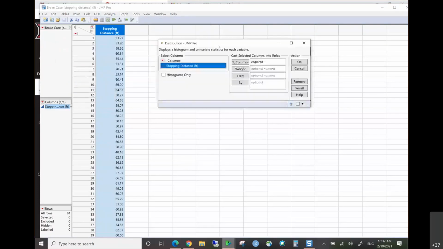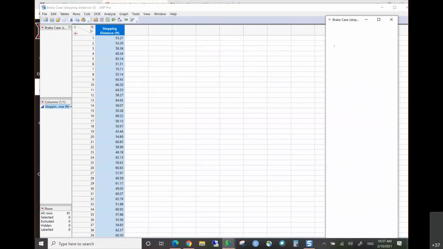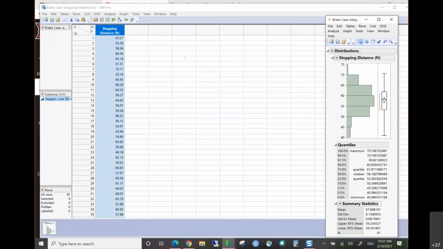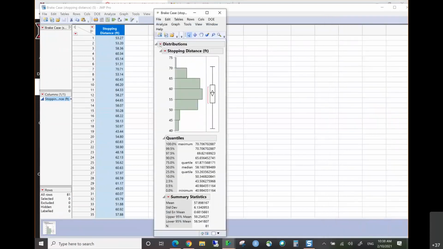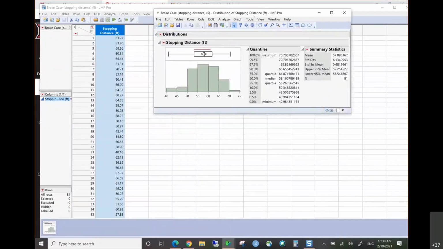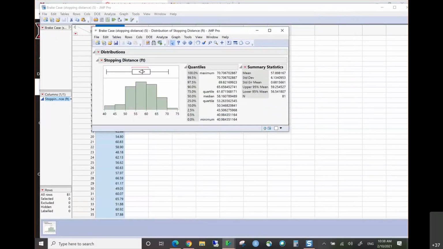Pull this variable to Y, and then click OK. And then you should have this vertical summary. I don't like this direction, so I just stack it. Red triangle beside the distribution, and then click Stack.